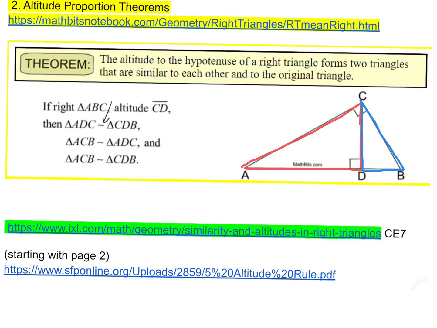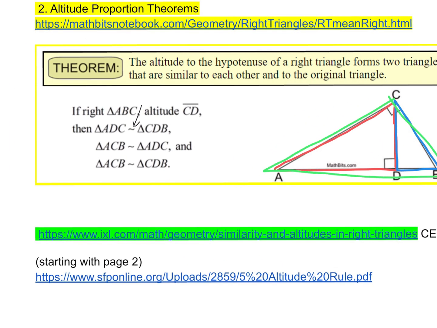And then also triangle ACB, which is this whole big triangle, is similar to triangle CDB, which is the blue triangle. So we've kind of got three different right triangles that are all similar to each other with this theorem.